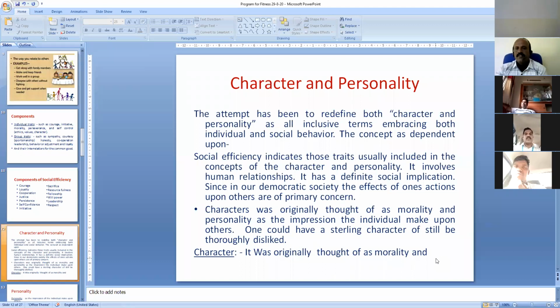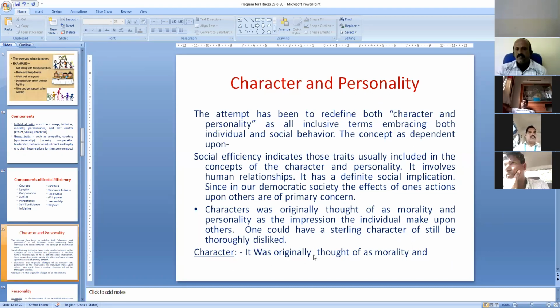How you impress others, through your knowledge, your speaking, helping, cooperation, all these things are involved in personality, and these qualities make an impression on the people. So we are giving a meaning here for character.